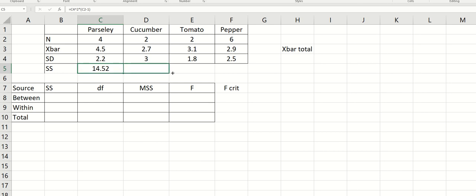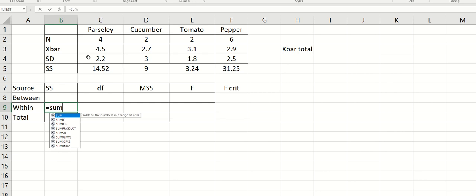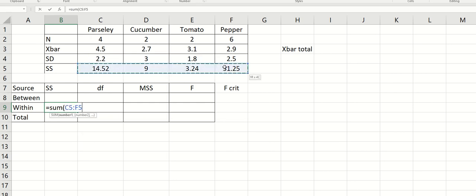Just by copying the formula, I can get the sum of squares within cucumber, within tomato, and within pepper, and therefore the sum of squares within is simply the summation. So you write sum, open the parentheses, pick these cells up, enter. The sum of squares within is 58.01. We're done. Now we need to calculate the sum of squares between or total.